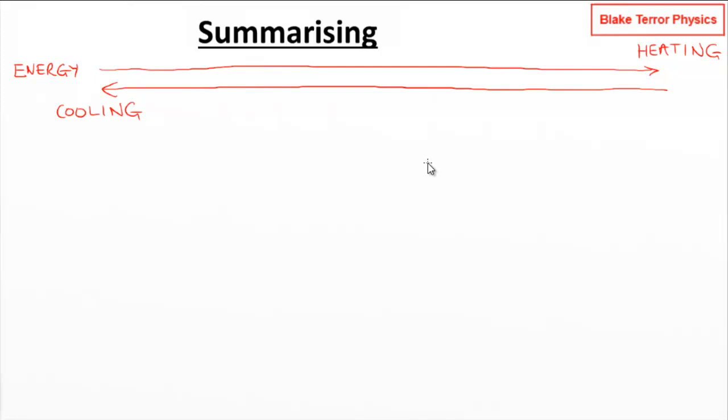Radiation is energy coming in as photons. Conduction is where we've got two substances in contact with each other, and the atoms and molecules in the hotter substance transfer their energy over to the cooler substance through direct contact of the atoms and the molecules, or at least as direct as it can be.